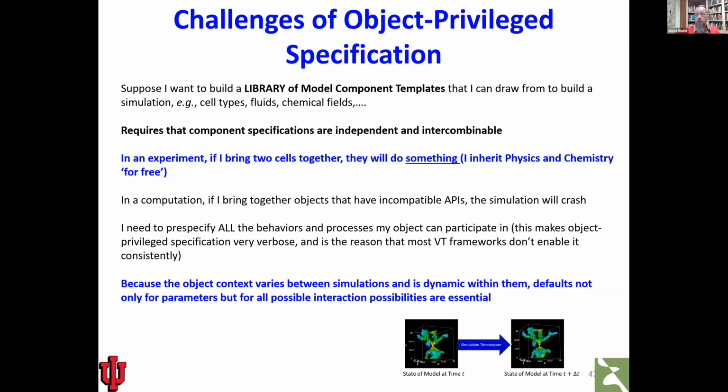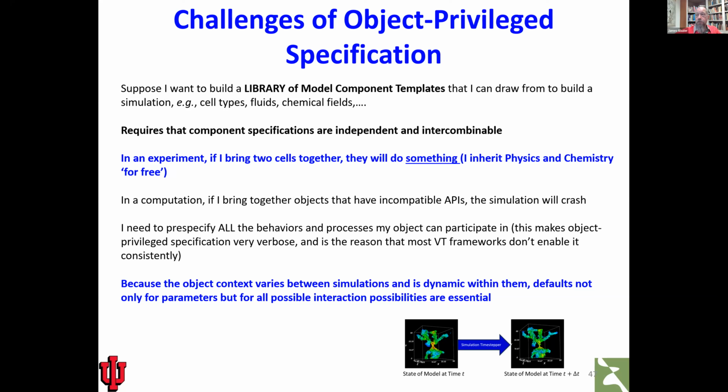In a real experiment, if I bring two cells together that are living, they'll do something because I inherit physics and chemistry. However, at the moment, in the modeling environments that we have, none of those things can be taken for granted. I can't assume that Physicell, Morpheus, CompuCell, and TissueForge will have the same idea of what cells can do, what their dynamics are, what events are available.